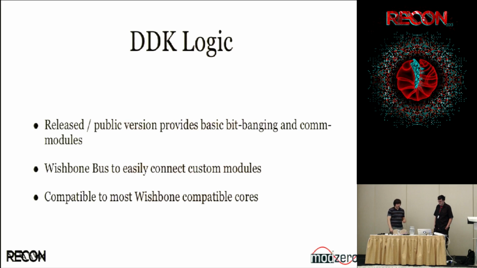And internally, I hope, everything's connected through a Wishbone bus. I don't know how well people know Wishbone, but this is the bus which is designed and supported by OpenCores.